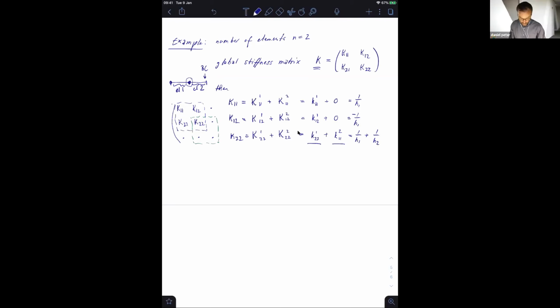And if we know that the elements would all have the same size, we could just easily write this. Like the element size is the same for H1 and H2.